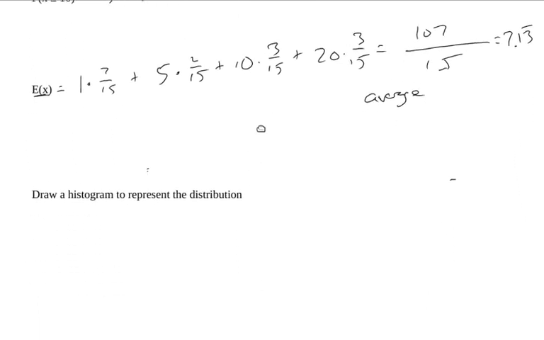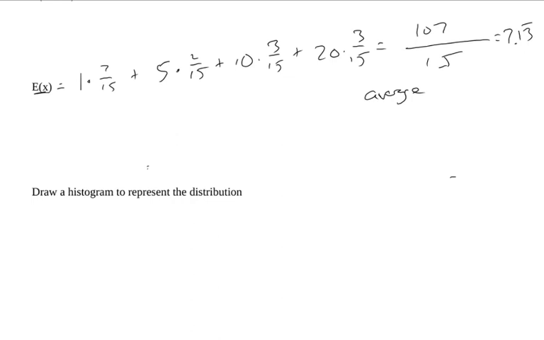All right, let's draw a histogram and think about how this relates to what happens with the histogram. So in this histogram, this is just a bar chart, so I'm going to go 1, 2, 3, 4, 5, 6, 7, go like this. This is 1, 5, 10, and 20. These are all the different outcomes.